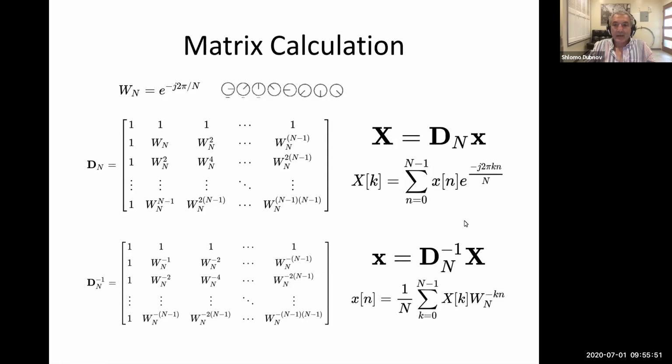The original Wn had a minus here, and now we take Wn with a plus in the exponent. So this is the same matrix going backwards. If you now plug in your Fourier coefficients, the complex numbers, you'll get back to your original sound wave vector.